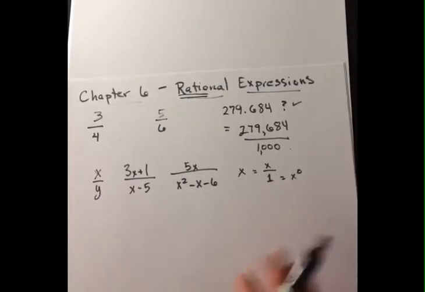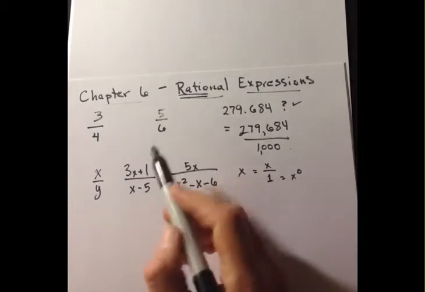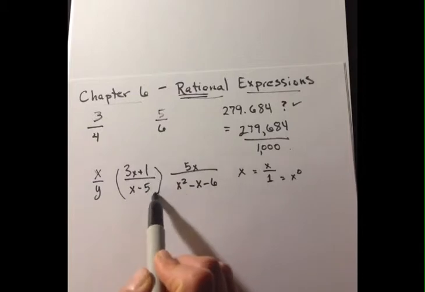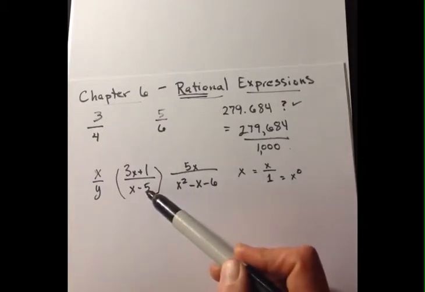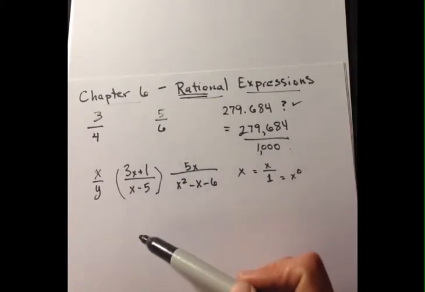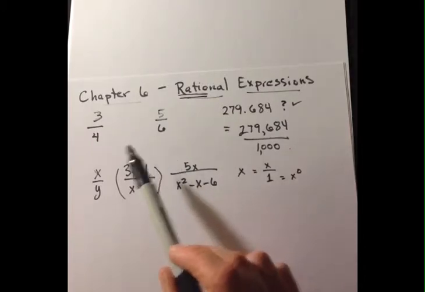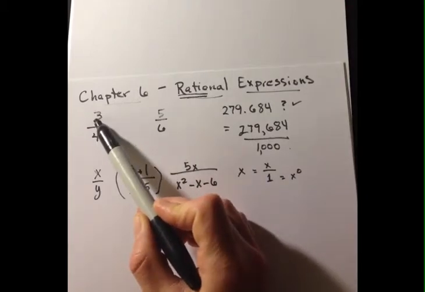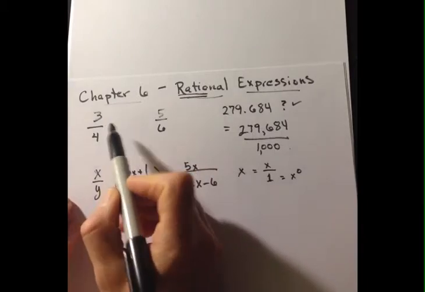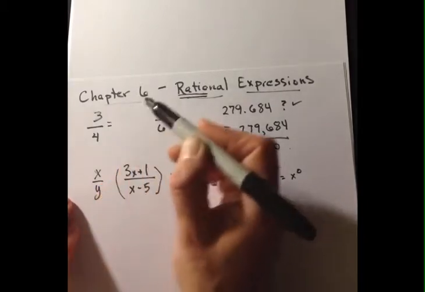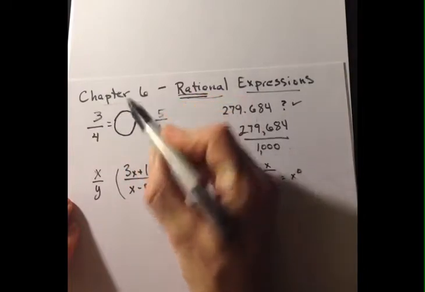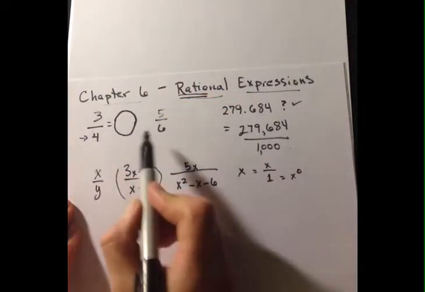The question that we're going to be asked at the beginning of this chapter is, for example, in this situation, for what values of x is this expression undefined? So let's go back to our rational numbers where we have ratios of two integers. In the case of 3/4, you can visualize this as a circle, or a square, or any shape you want, divided into four equal parts.